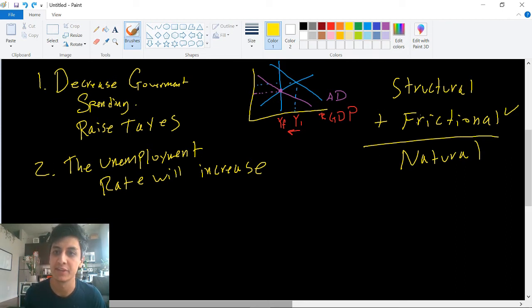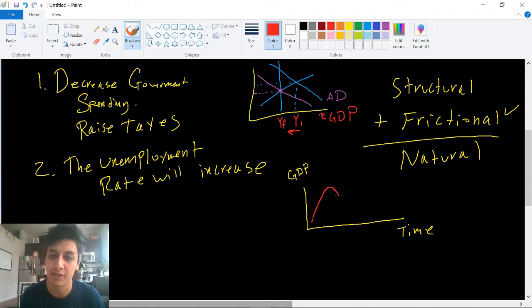And it's kind of interesting if you look at a graph of the natural rate of unemployment throughout time, it's relatively the same. So let's say here's our graph. We got GDP, and we got time over here. So you know the business cycle, right? Sometimes the economy does really well, and then sometimes we have recessions and depressions and so on and so forth.